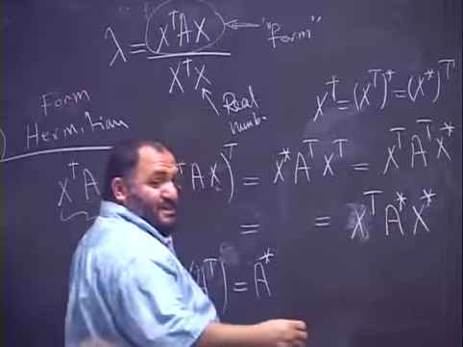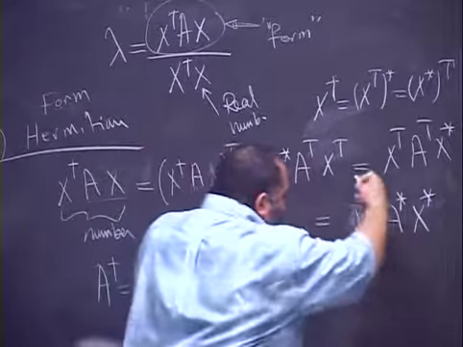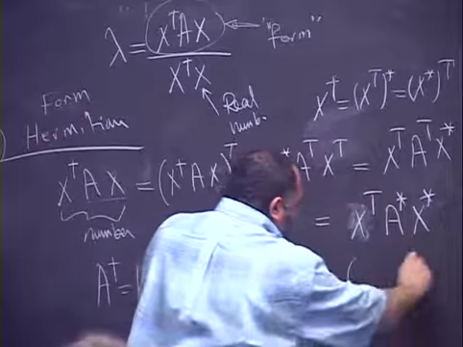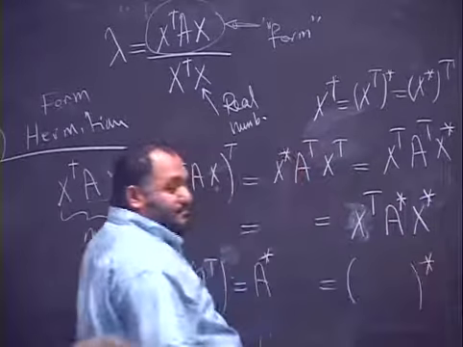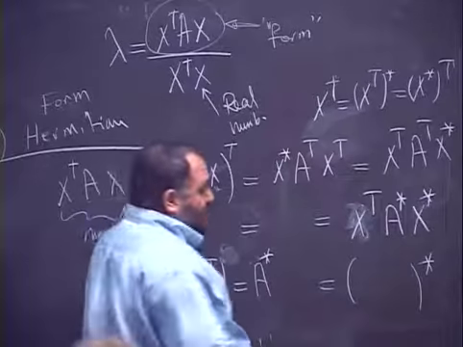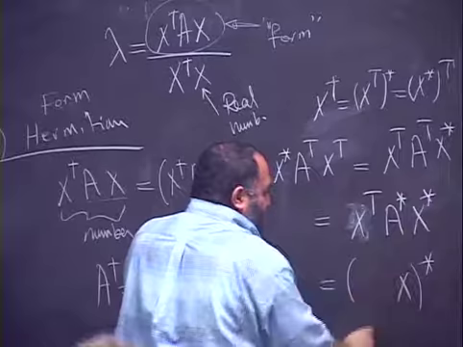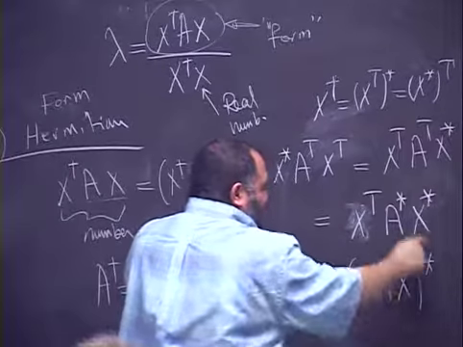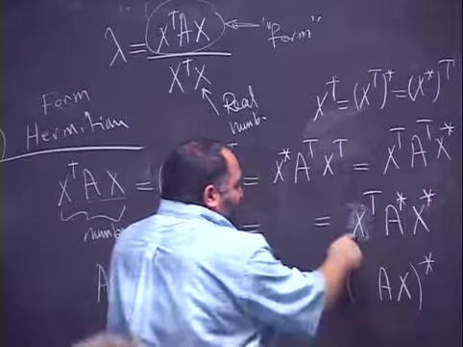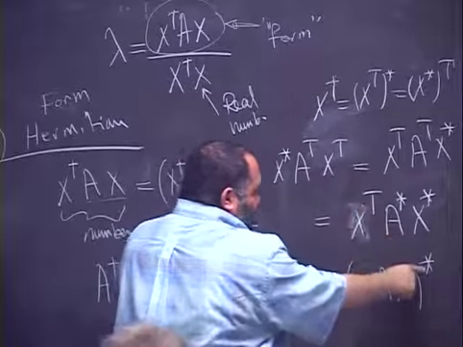Okay, guys? If you take the transpose out, you will end up with X transpose, A transpose, X, sorry, complex conjugate.